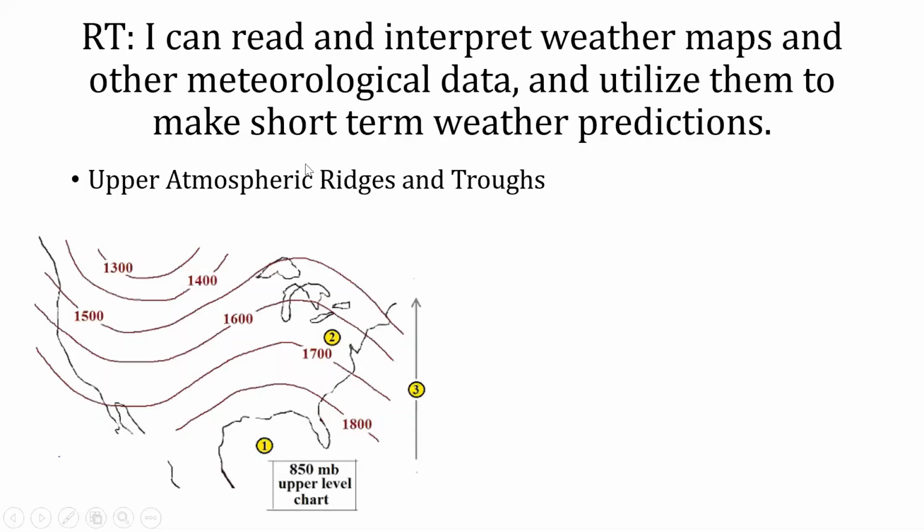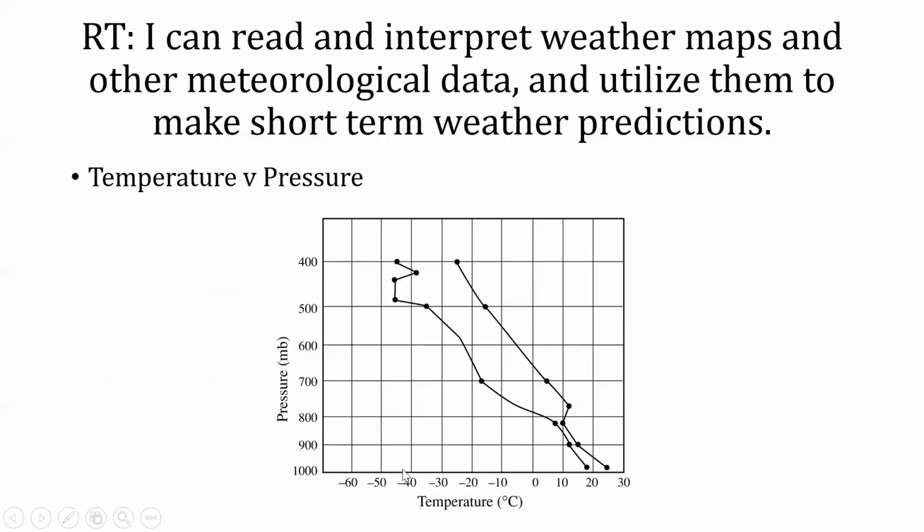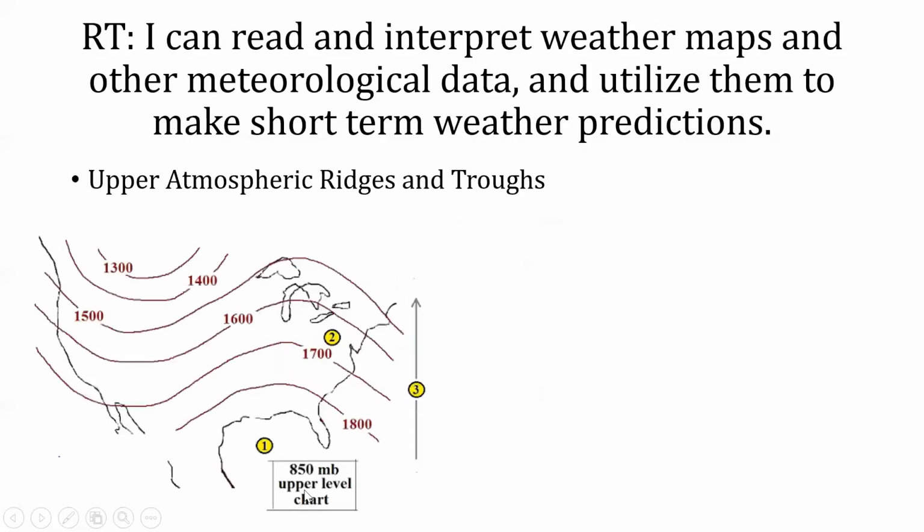Other data sets that we could examine would be to look at the upper atmosphere. So if you were down at sea level, pressure would be closer to 1,000. So we're up a little bit, up where we would sort of expect that temperature inversion to be. And up here, the number one thing that we look for are ridges and troughs, okay?